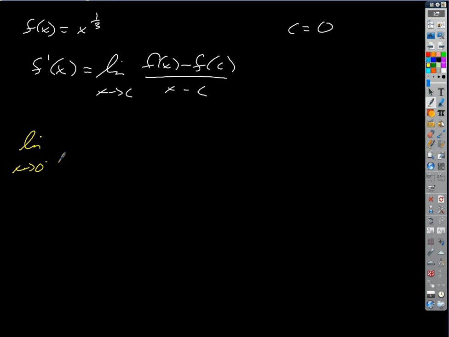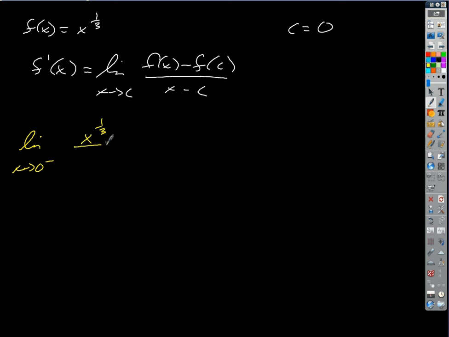Okay, well what is f of x minus f of c in this case? We're going to get x to the 1/3 minus 0 to the 1/3, which is just 0, right?